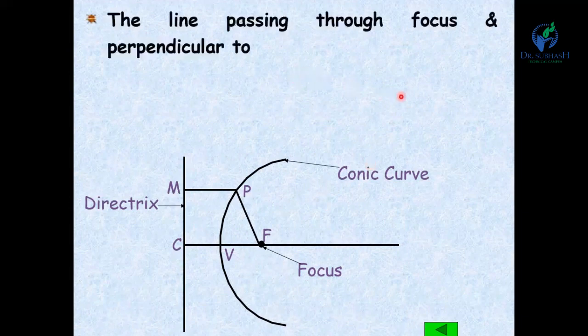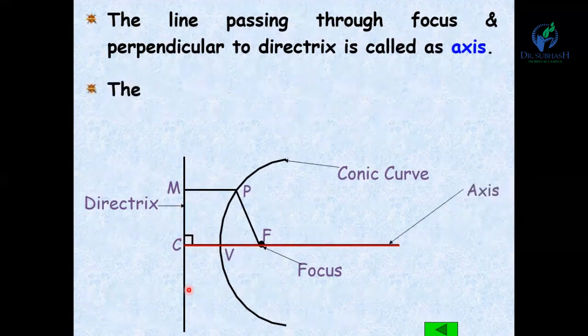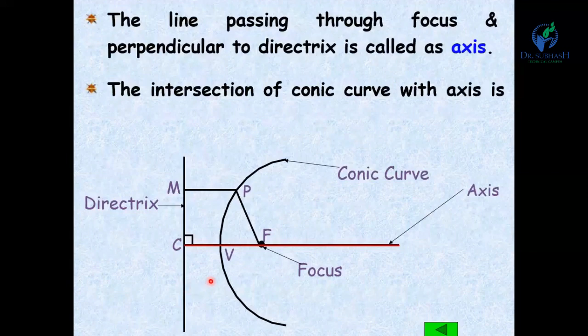The line passing through the focus and perpendicular to the directrix is called the axis. The intersection of the conic curve with the axis is called the vertex. So this point V is known as the vertex.